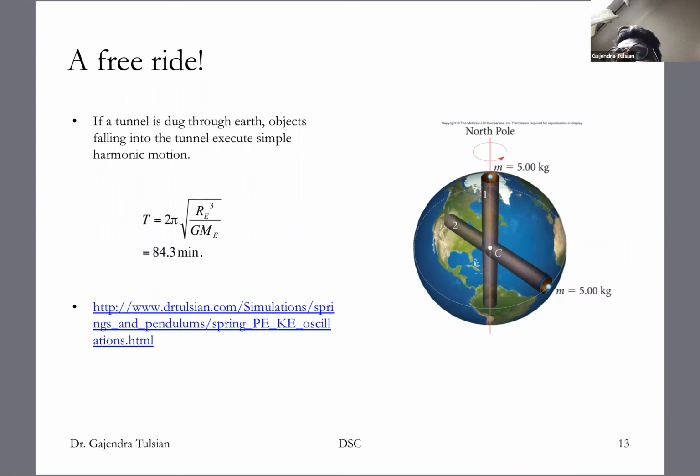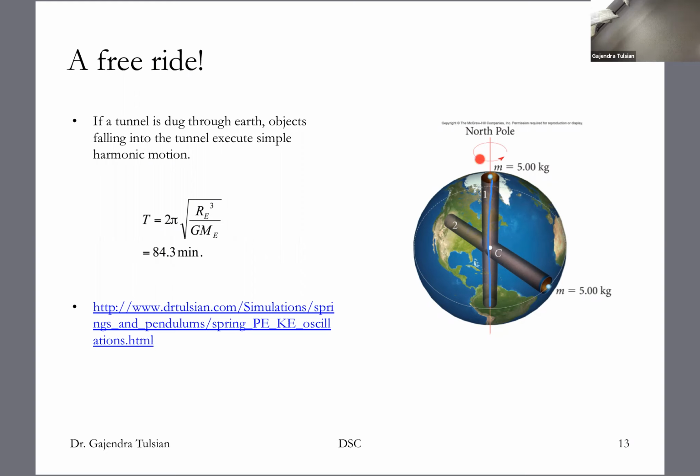So you saw that the mass dropped here will oscillate back and forth, and you can calculate the period, and the period would be the time it would take for this object to go down there and then back up. And that would be 84 minutes. Exactly the same time it takes for the space shuttle to go around the Earth.